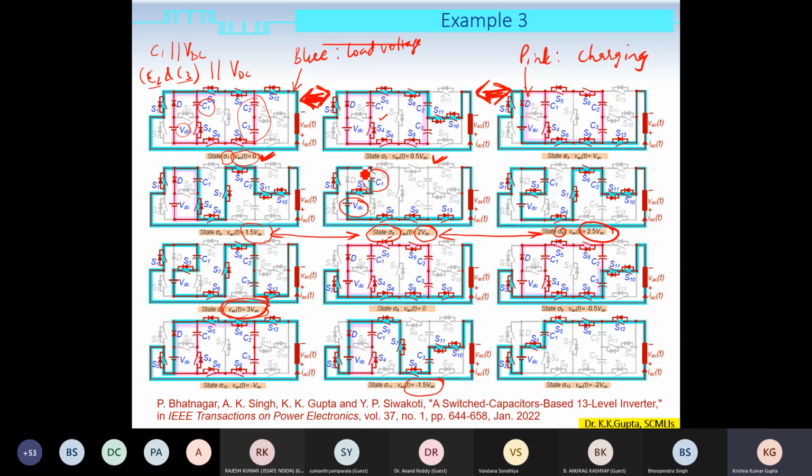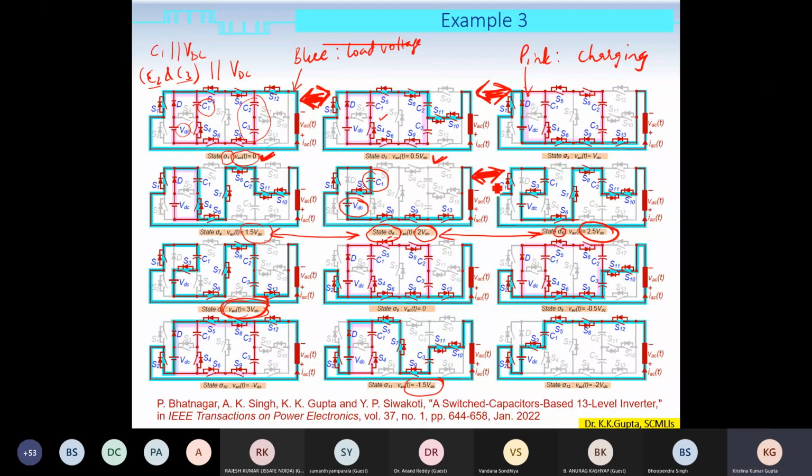The only difference, like in sigma 4, is that C2 and C3 do not have opportunity to get charged, but C1 gets repeatedly charged. Now, when the converter operates between these two states, this is a worst case scenario, because in sigma 5 state, the capacitors are not getting opportunity to charge.